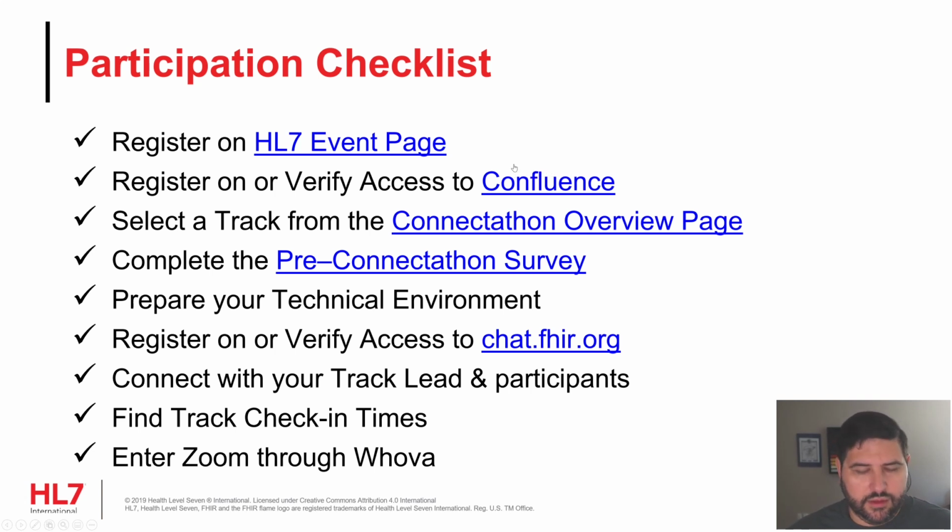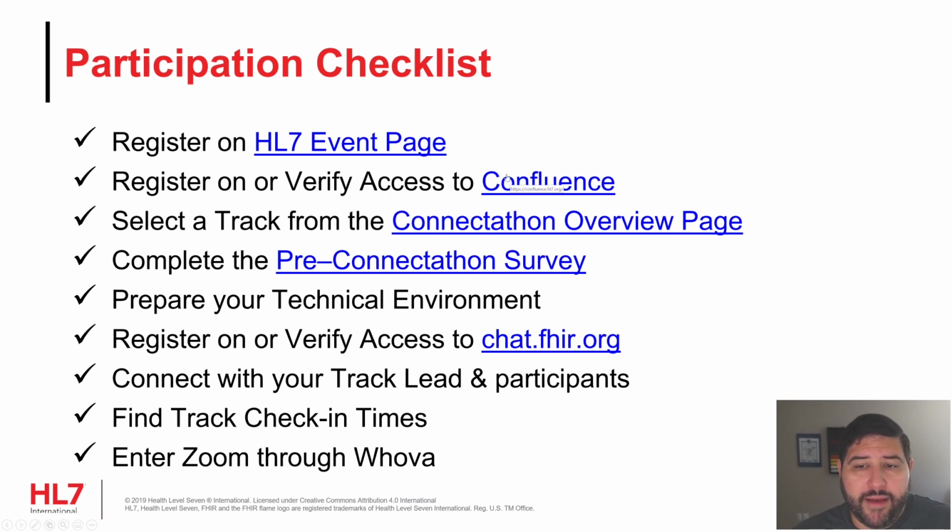And Confluence, if you're not familiar, is a documentation wiki site. HL7 uses it for all the documentation here in FHIR. So not only are things like the Connectathon and all this information there, but the work group meeting minutes, and if you're looking at how to write an implementation guide or modify a resource, all of those things are in Confluence. So a great resource there.